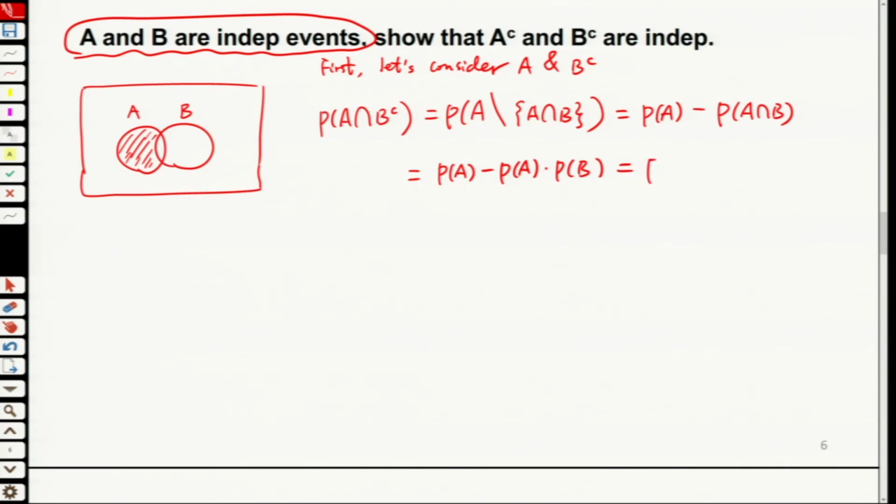So this will equal probability A times 1 minus probability B. This will actually equal probability A times probability B complement. So to this point, we can have a conclusion that A and B complement are independent.